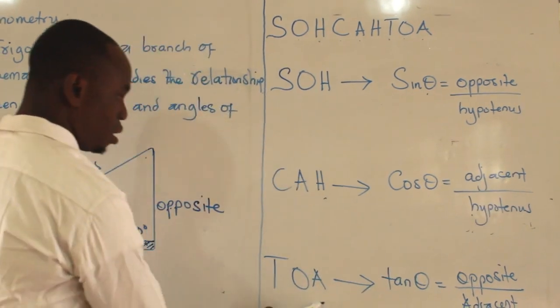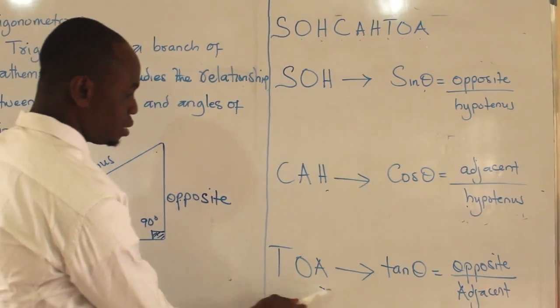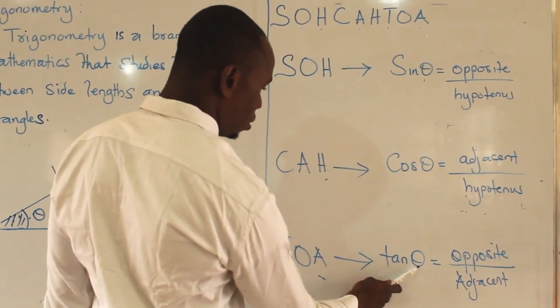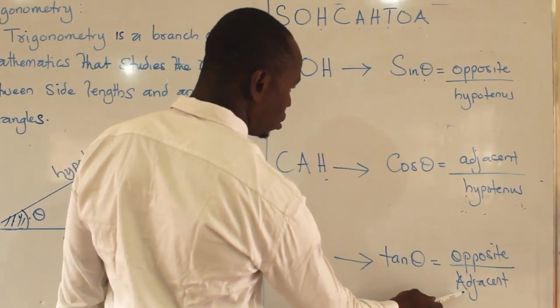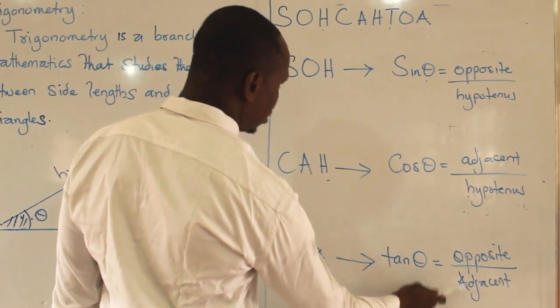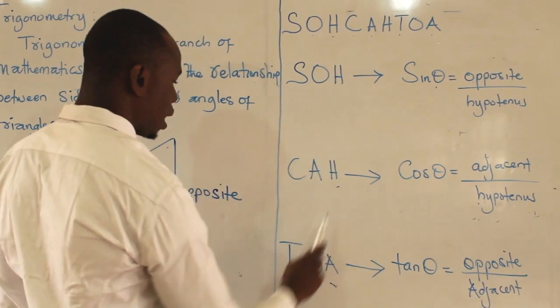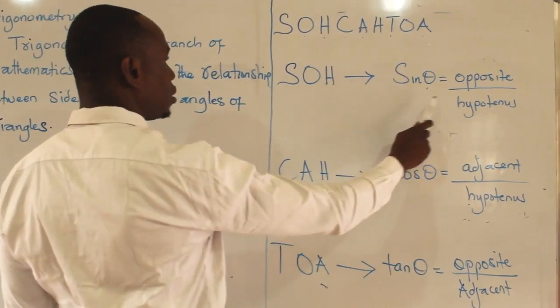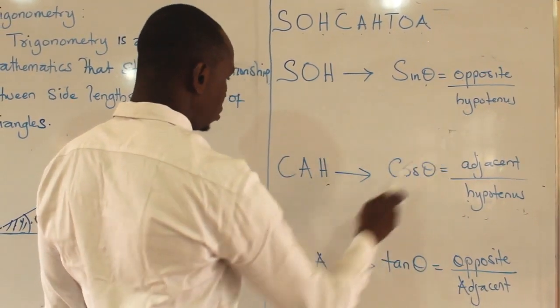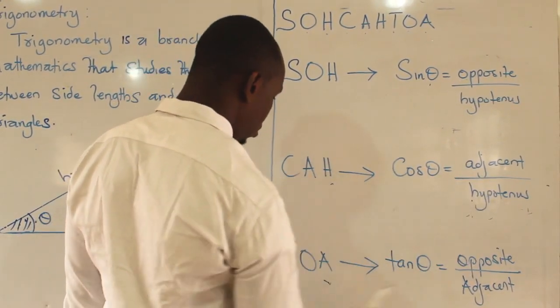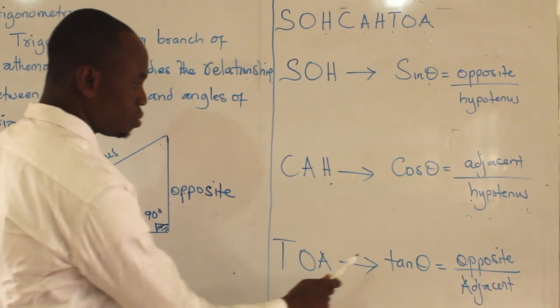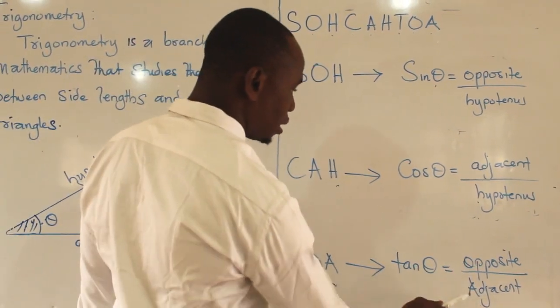And the TOA means that the tangent of the angle is equal to the ratio of the opposite to the adjacent. That's the SOHCAHTOA. Sine is equal to opposite over hypotenuse, cosine is equal to adjacent over hypotenuse, and the tangent is equal to opposite over adjacent.